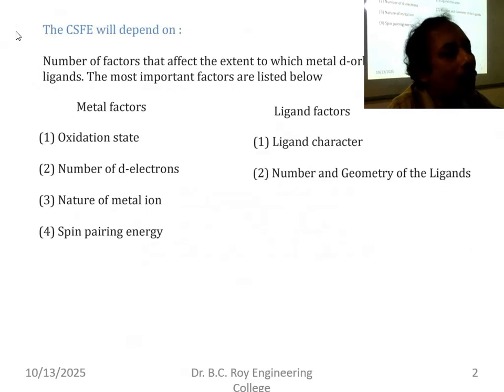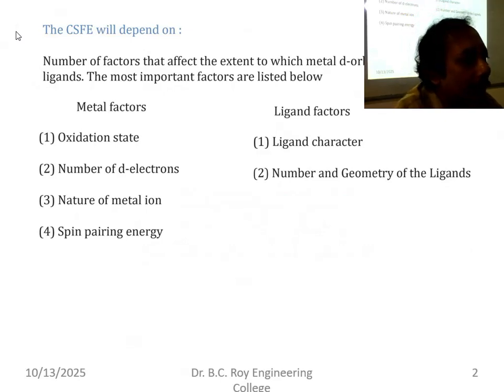Like our water molecules, they are weak field ligands. But OH minus is comparatively strong field, because OH minus has a negative charge, so it will be a good donor, comparatively good compared to H2O. OH minus will form a stronger bond. NH2 minus is even stronger. So this type of ligands will be very strong ligands, so they are called strong field ligands.